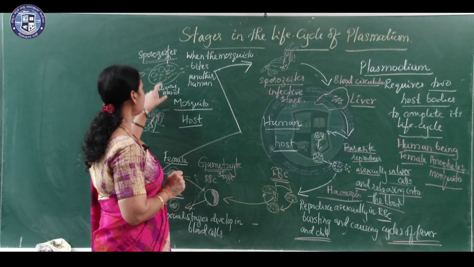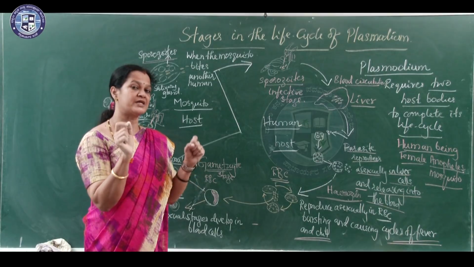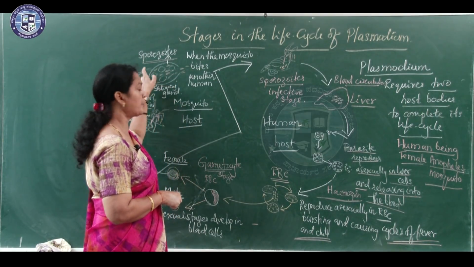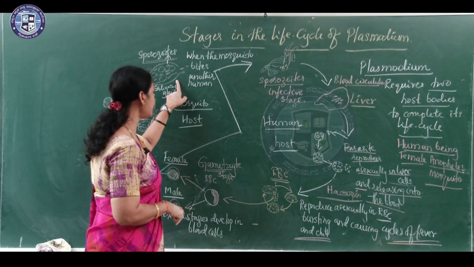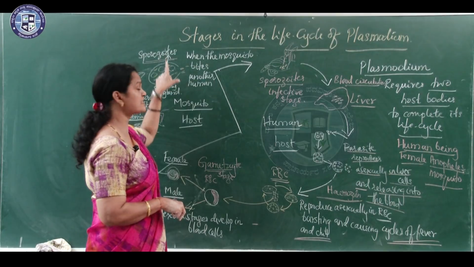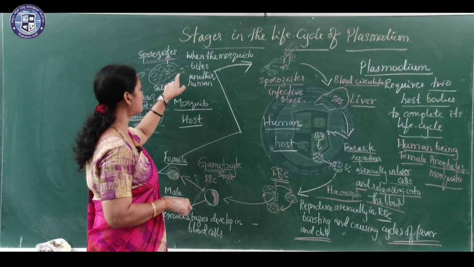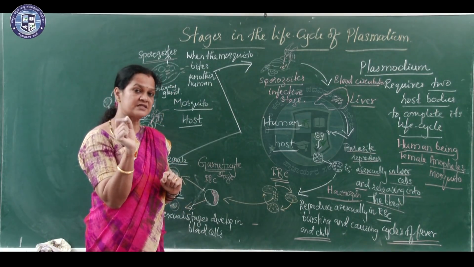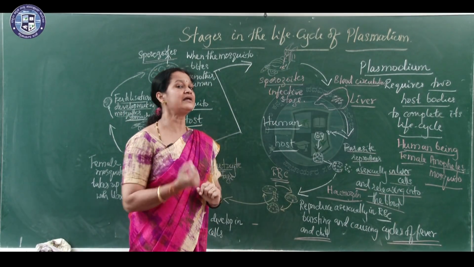Finally the sporozoid stage gets accumulated in the salivary gland, temporarily stored there, and sporozoid stages are infective stages. So, whenever a mosquito which has such sporozoids in the salivary gland bites a fresh human being, they get the infection.